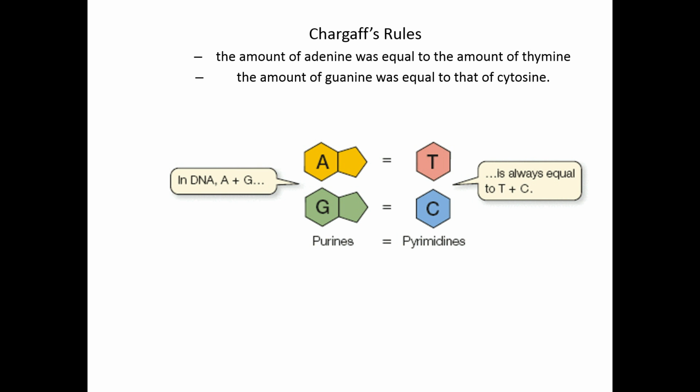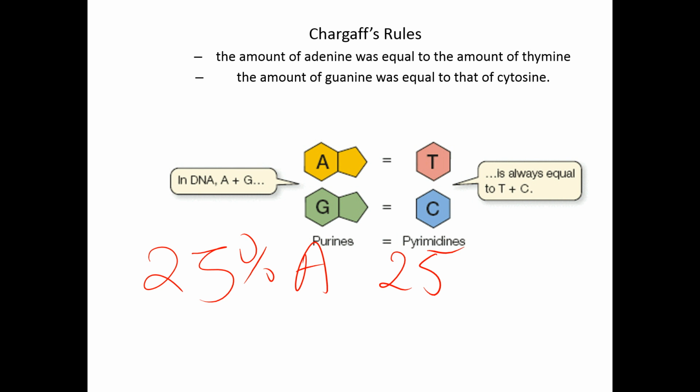So, for instance, let's say that 25% of the DNA is composed of adenine. Well, you have an equal amount of thymine, so that means that 25% is composed of thymine.